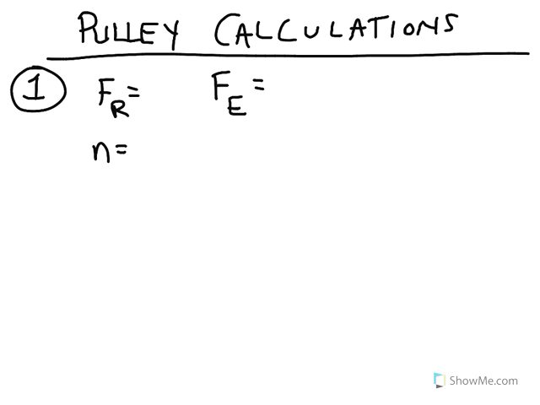So the resistance force is 600 pounds. And it says it's a 32-foot rooftop. That has no bearing on this problem whatsoever. Distance is not relevant on a pulley system. The block and tackle system uses 45 pounds of effort force. So the effort force is 45 pounds. It makes no mention in the problem of the number of strands.